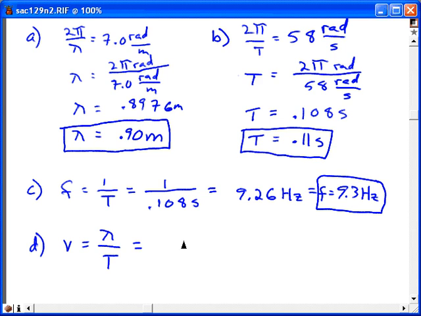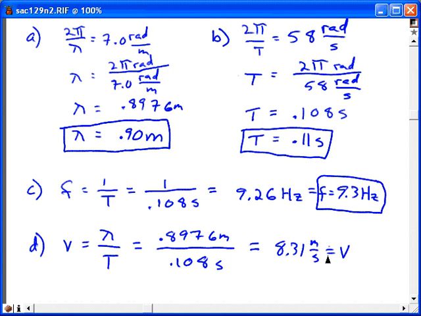Again, I'll use the intermediate results and then round off to the proper number of sig figs later. So way too many sig figs there, and then divided by the 0.108 seconds, and I'm getting 8.31 meters per second for the velocity, or approximately equal to, rounded to 2 sig figs, we get 8.3 meters per second.